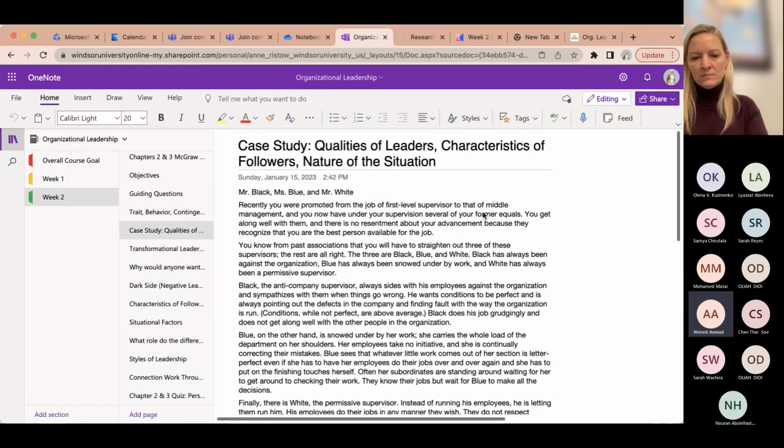For Miss Blue, she's snowed under her work. From my point of view, she needs training on how to delegate responsibility to her team. Of course, it's teamwork, and eventually she is the one who will get blamed if there is any mistake.